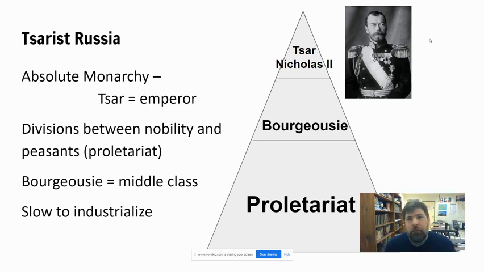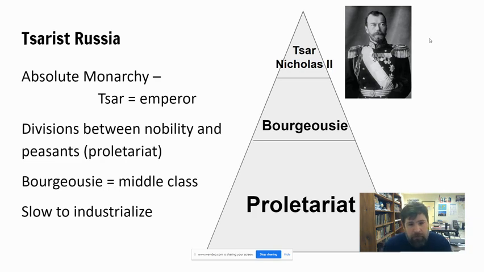Okay, so the Tsar is an absolute monarch. You can spell Tsar T-s-a-r or Czar. The last Tsar of Russia was Tsar Nicholas II, and he wasn't very good at running his country. In our triangle, we've also got the bourgeoisie, a fancy French word for middle class. It's also kind of a communist term.